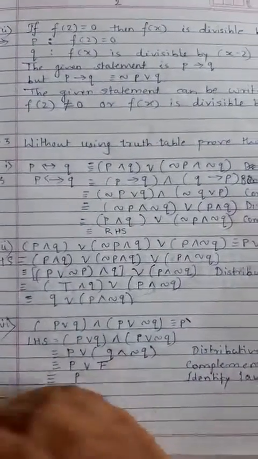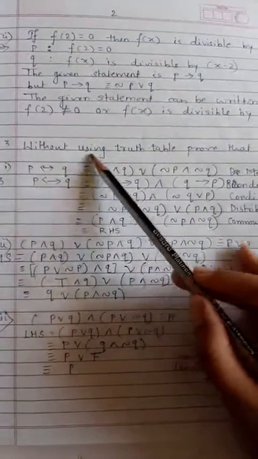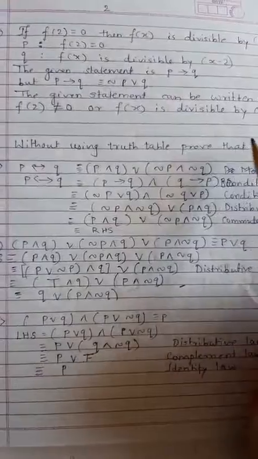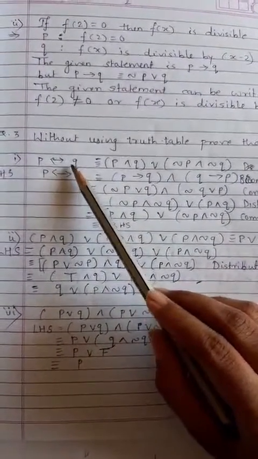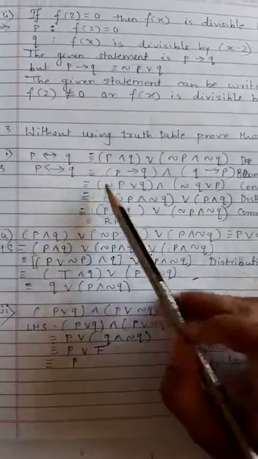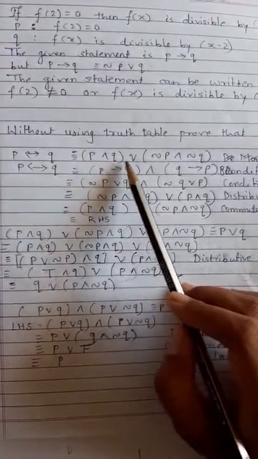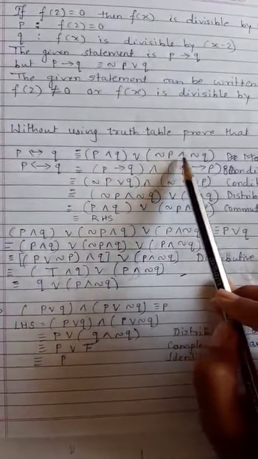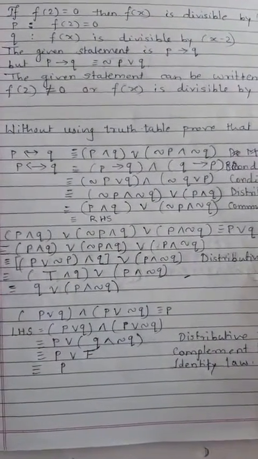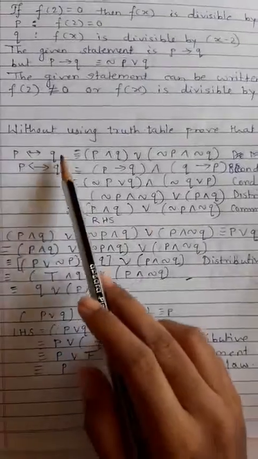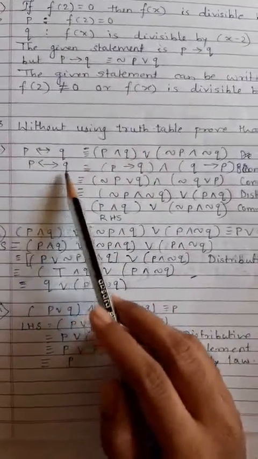Okay. So next question, question 3, without using truth table, prove that first, P double implication Q is equivalent to P and Q, or negation P and negation Q. Without using truth table, we have to prove LHS is equal to RHS.